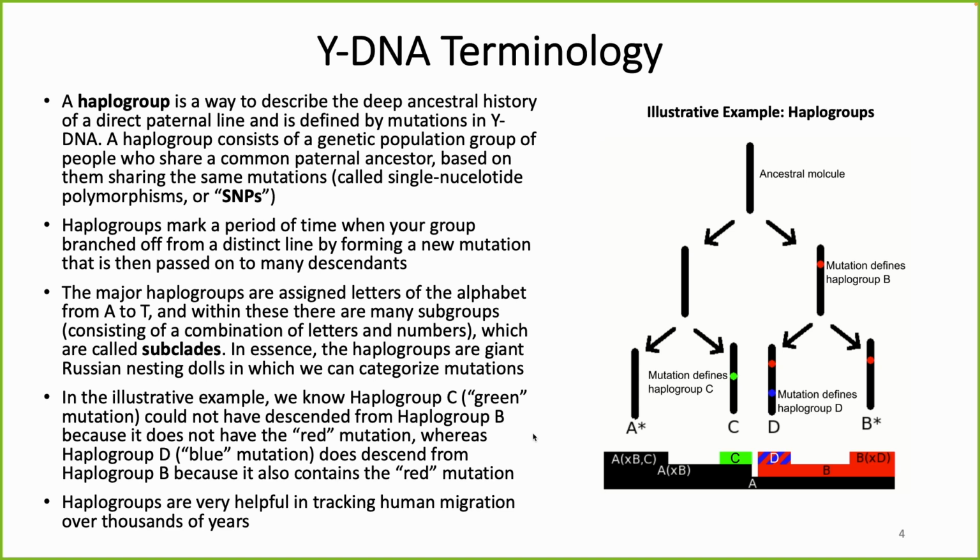How often do these mutations occur? That's a great question. So they're random, so we don't actually know for certain; there isn't a clear pattern to them. What we have found in testing is that they seem to occur between 50 and 150 years. I've seen different estimates, but it's usually not every generation, which would be 25, 30 years. It could be every 2 generations that a new mutation forms.